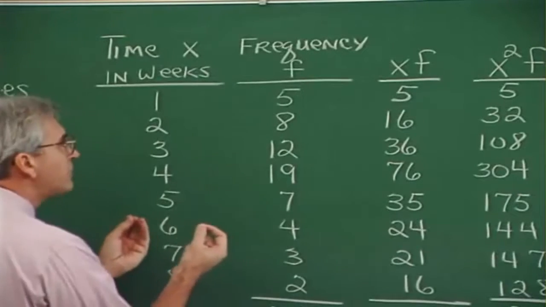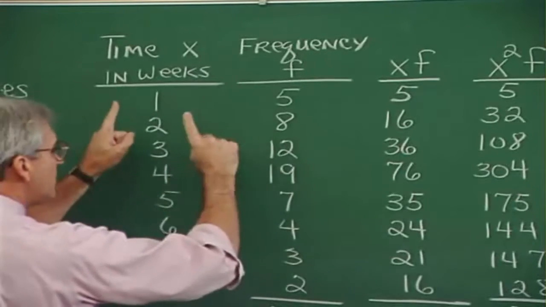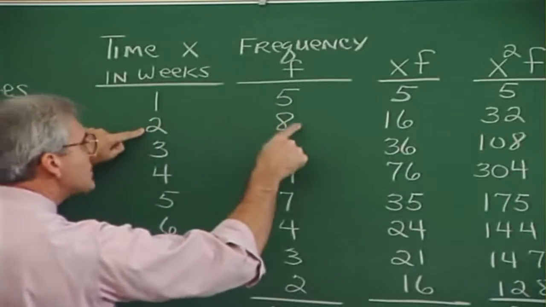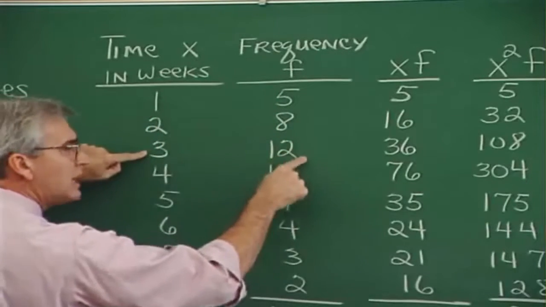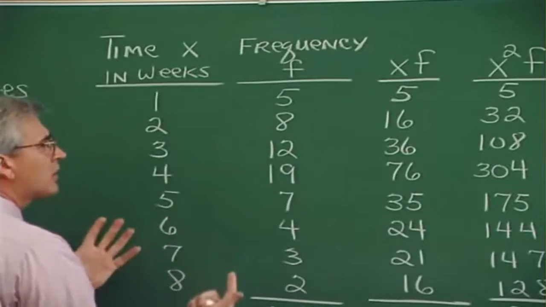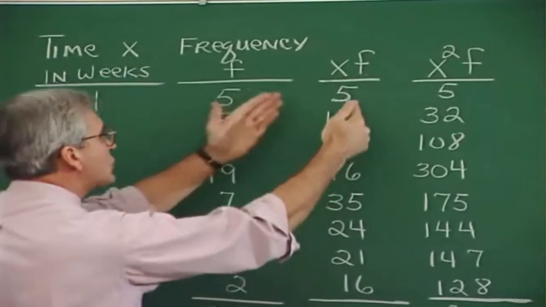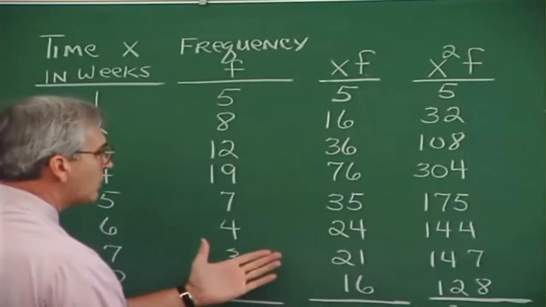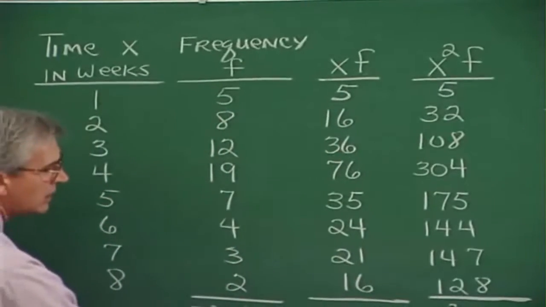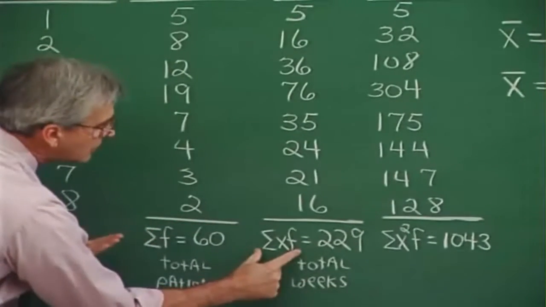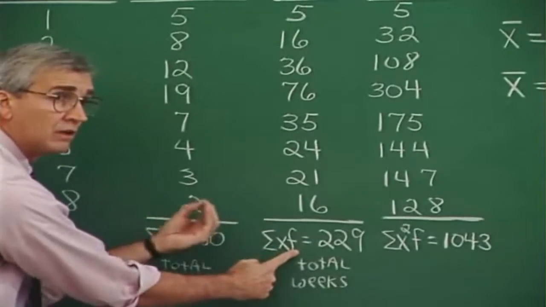So it's really the sum of 1 times 5, 2 times 8, 3 times 12. So we need another column that's marked XF, and then total that, and we have the total number of weeks. And so this is the sum of the weeks. It's the sum of XFs.